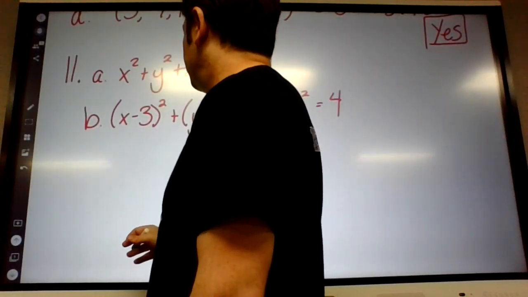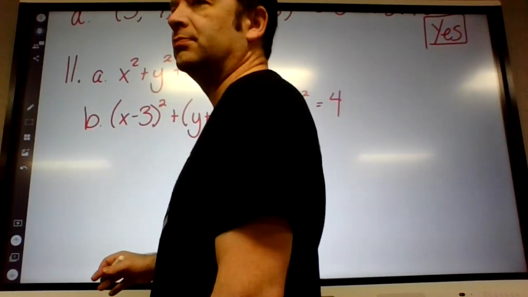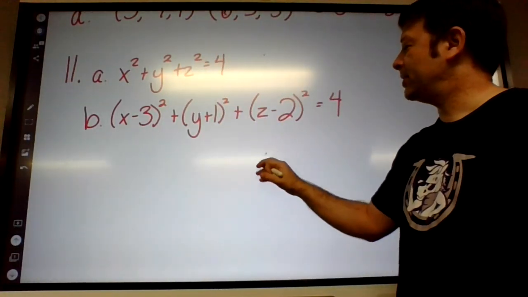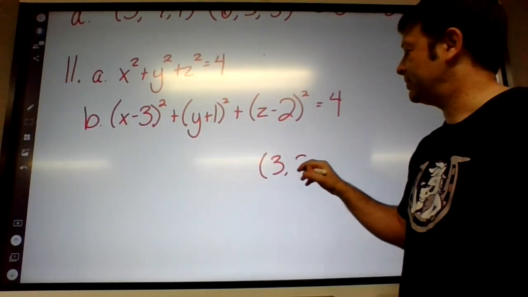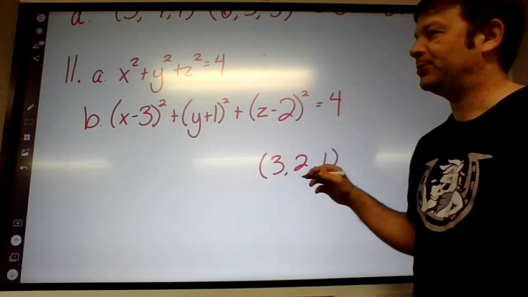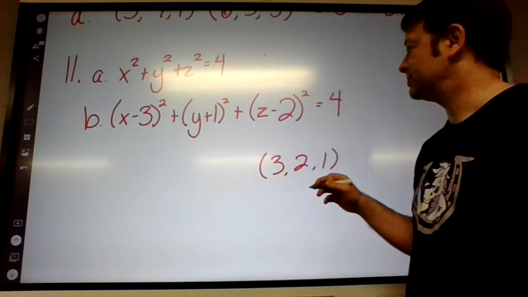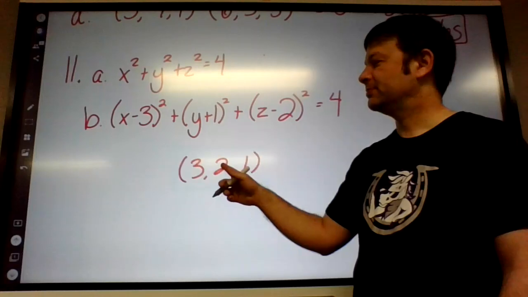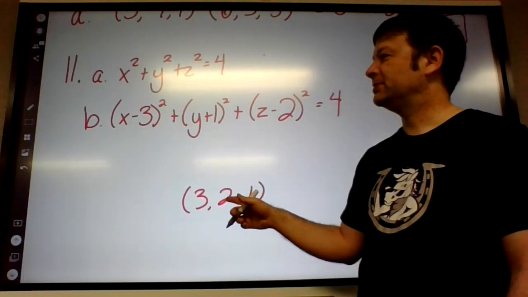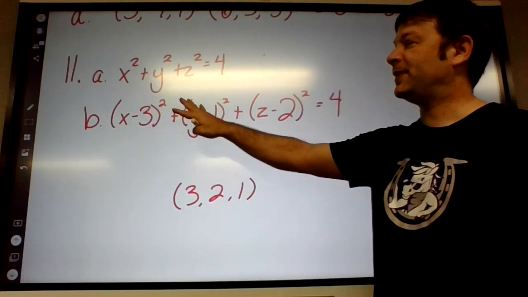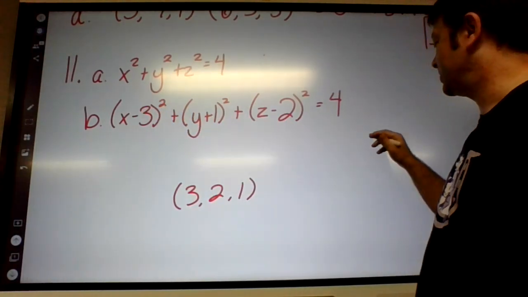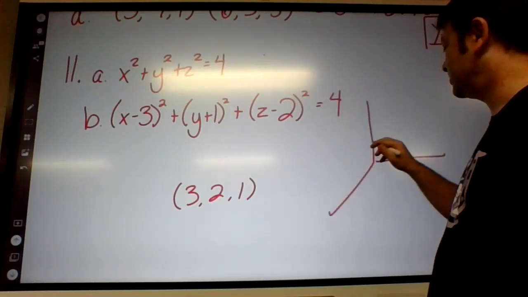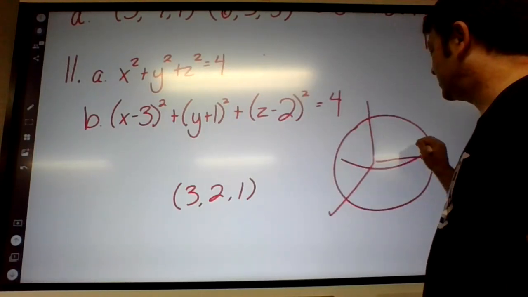What about when it says radius is 7? Do you put 49? Yeah. So, how can I tell if this point 3, 2, 1 would be on the sphere or not? All the points that satisfy this equation will be on the sphere.